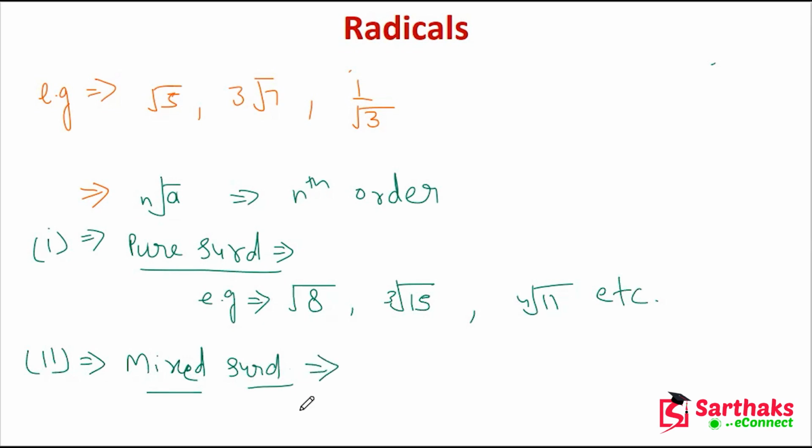If some part of the quantity under the radical sign is taken out of it, then it makes a mixed surd. Like this, 3 times under root of 2. The next example is 4 under root 2. Like this is a mixed surd.